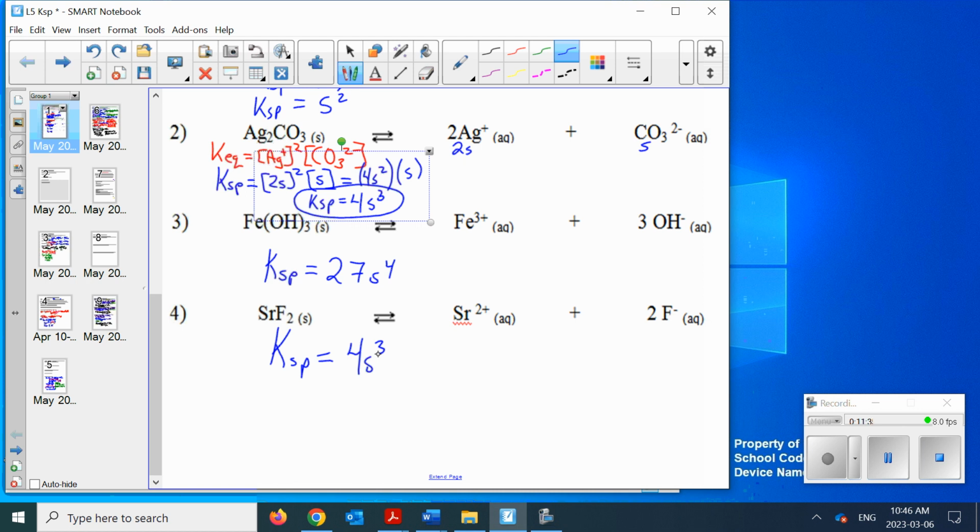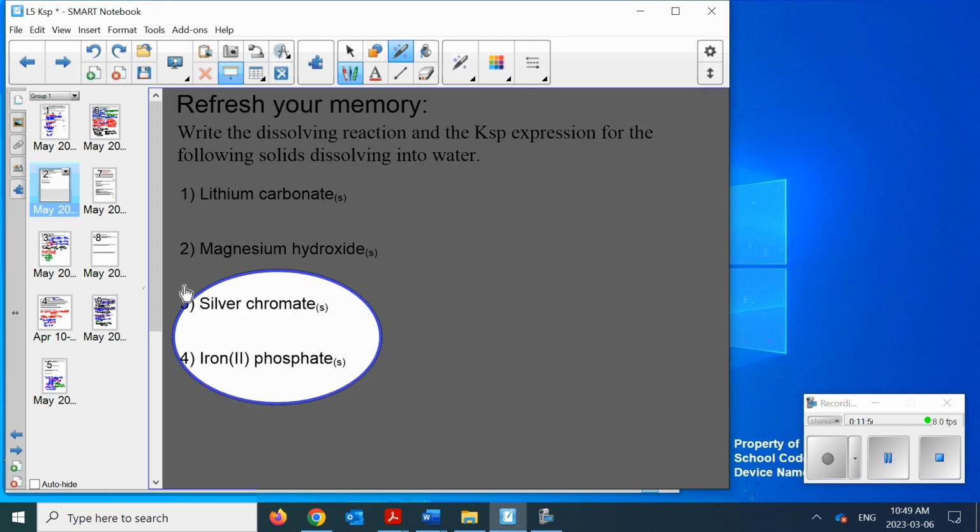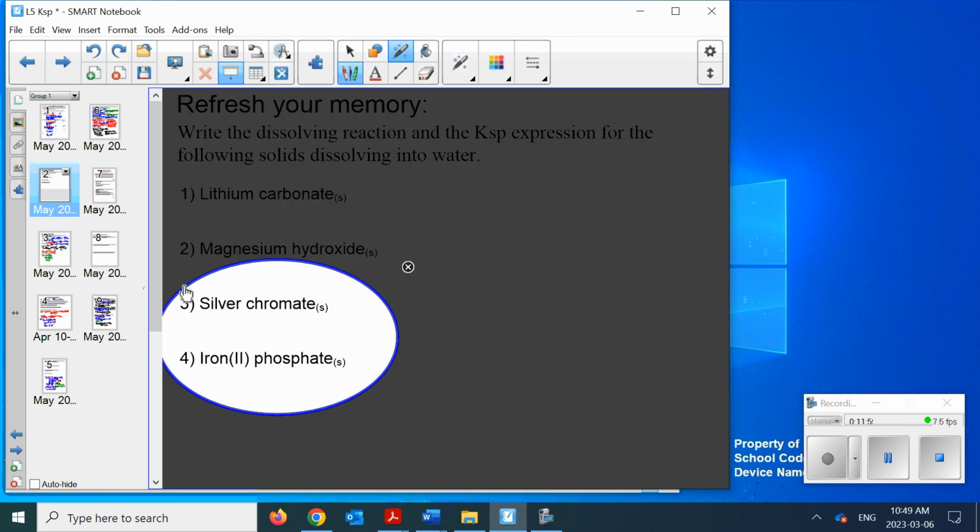I'll pause for a second, and then we'll talk about something. Okay. This is the same problem, but I'm giving you the name. Out of these, I want you to just do the last 2. I think that'll be enough. But this means you've got to get your ion sheet out. Same thing, but now you've got to figure out what silver chromate is, what iron 2 phosphate is. This is your homework.